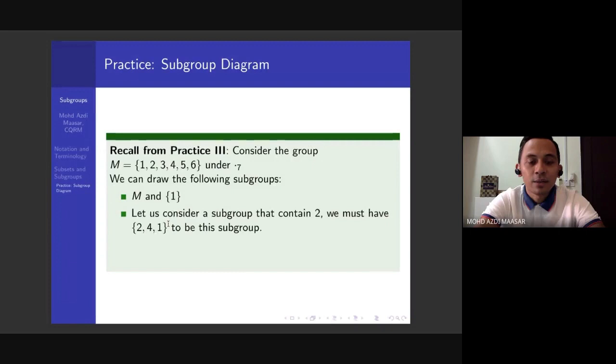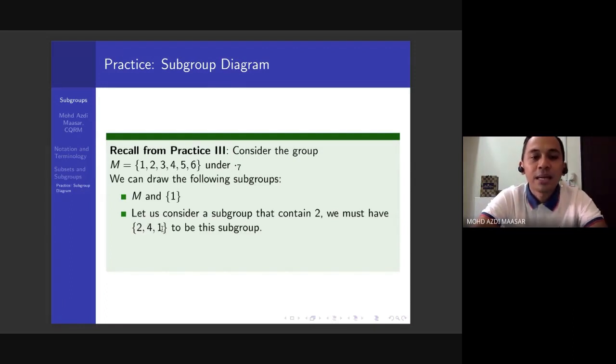So this is the subgroup containing 2, or I can call it the smallest subgroup that contains 2, which you will see again in the next chapter. But this is a naive way of finding a subgroup that contains 2. You can see that the operation is closed, by what we have done just now.